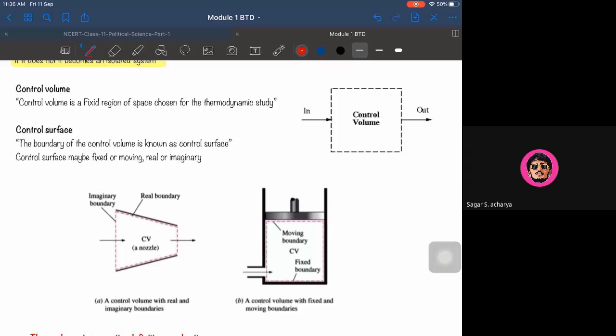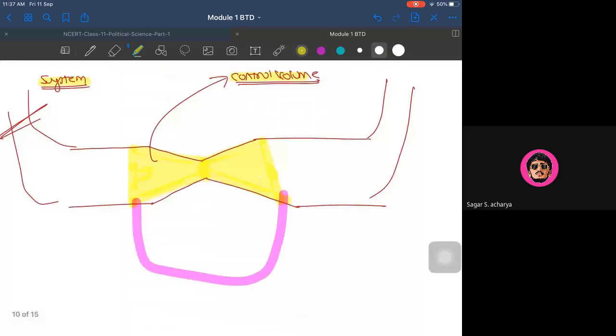So that is your concept of control volume, and control surface is nothing but the surface which covers your control volume. That is your control surface. As indicated with these examples, the control volume may be real or imaginary, as in the example I have just discussed. Here there are no actual surfaces. The actual surface lies only in this particular region here. This is the only real surface, and these two surfaces, this one and this one, are not real, but we are assuming them as surfaces there.